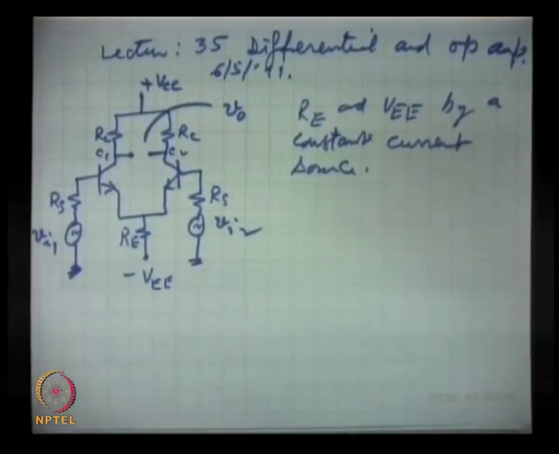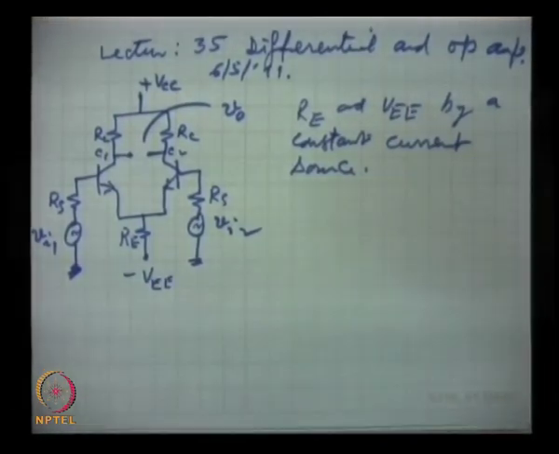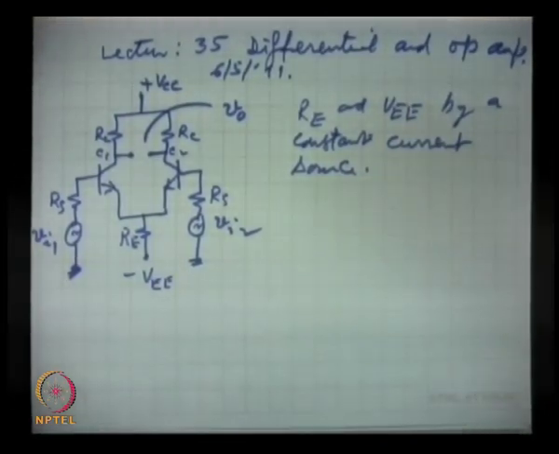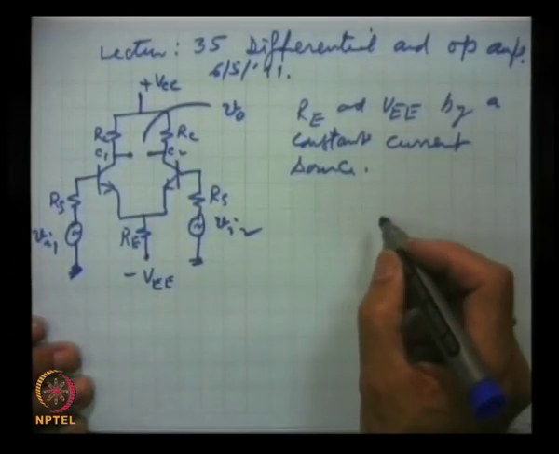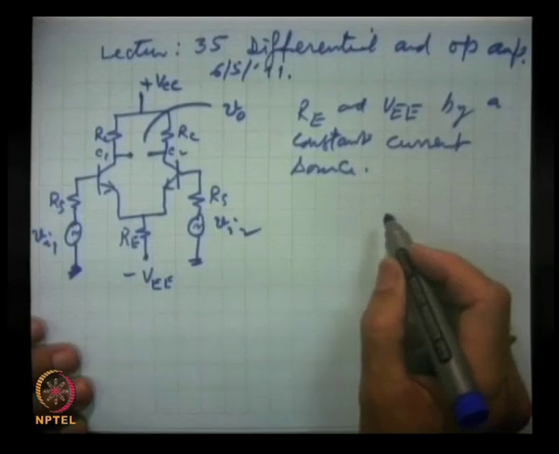And for AC analysis, as we have discussed several times, there are certain rules: DC voltage sources have to be grounded and DC current sources have to be opened. So, this source is to be grounded. So, our AC circuit will become this.